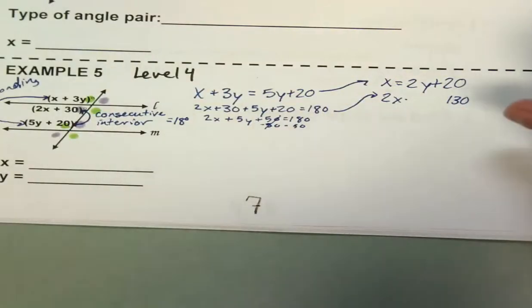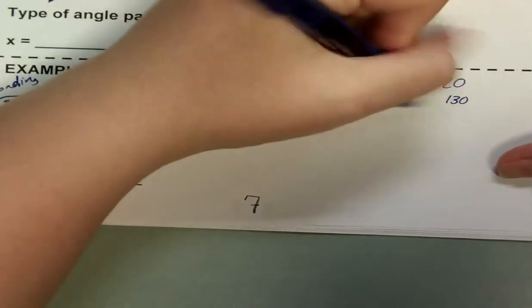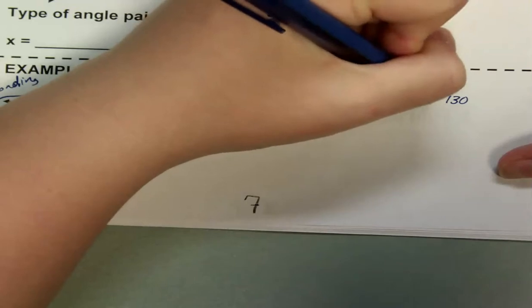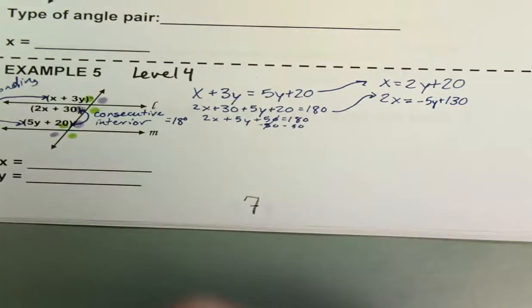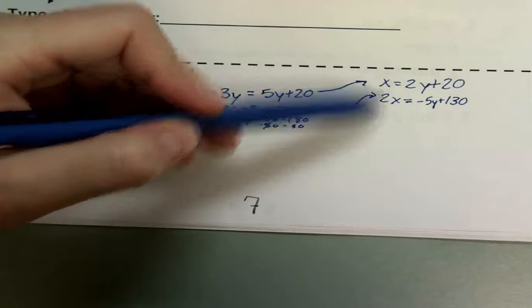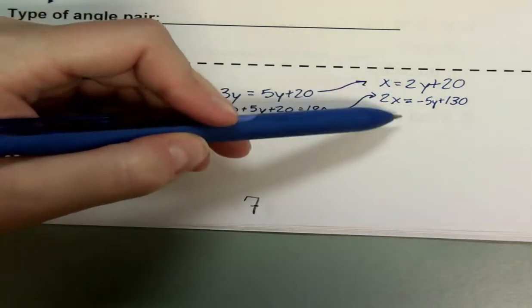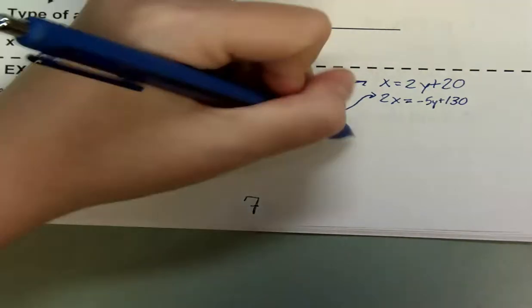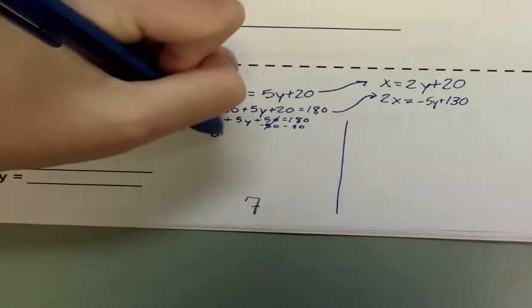So instead of a positive 5y, you'd want to say it equals negative 5y plus 130. And this way, now you can use elimination or you can use substitution. And I'll go ahead and show you both ways. I'm going to use substitution over here.